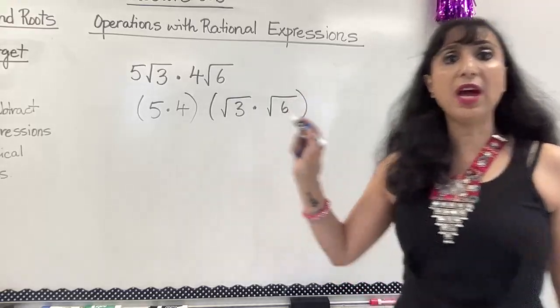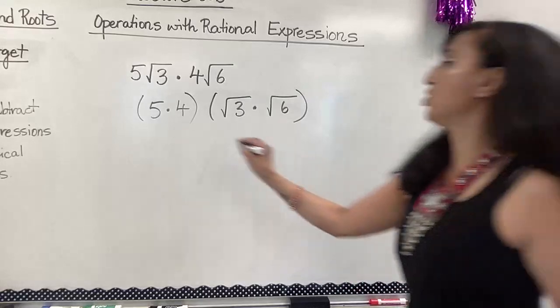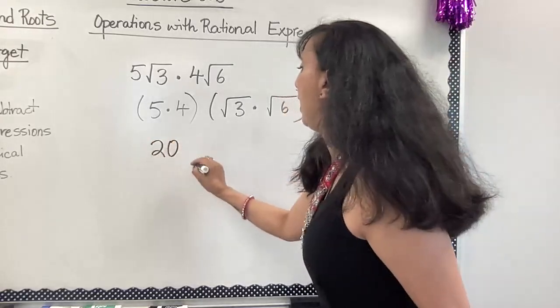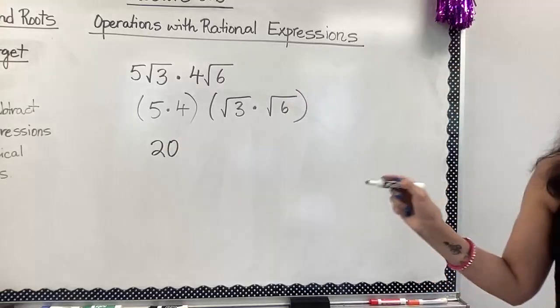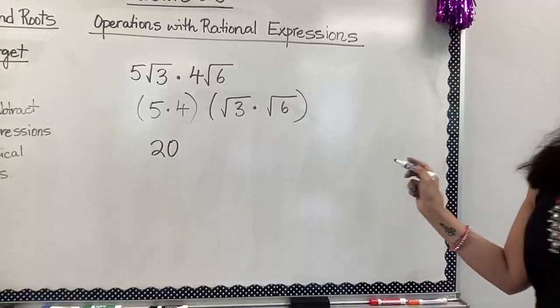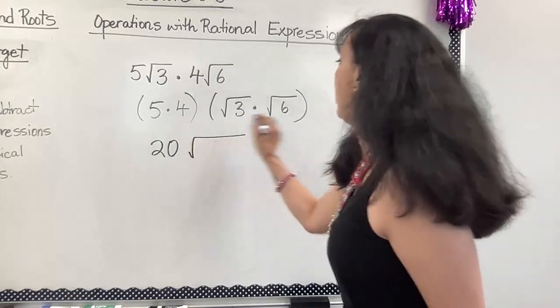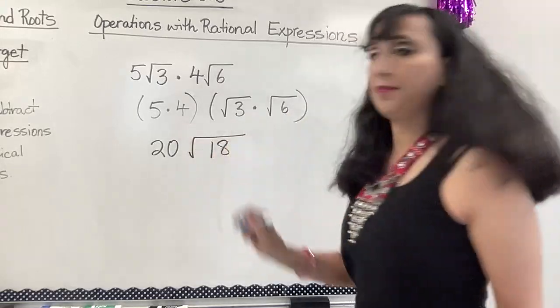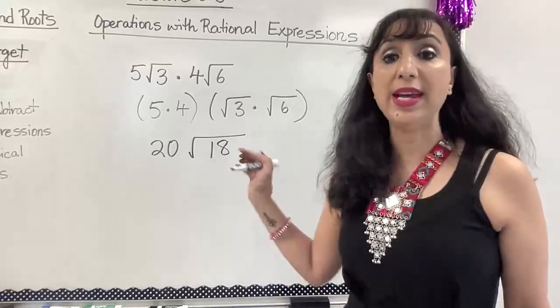So what is 5 times 4? That gives me 20. And then I have my root 3 times root 6, which is going to give me, what is 3 times 6? It is 18. So I have 20 root 18.